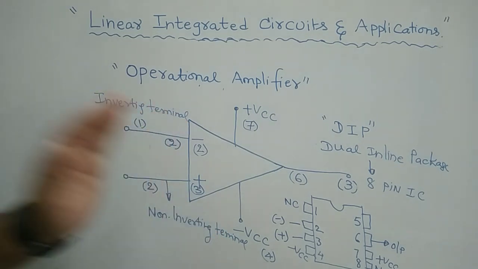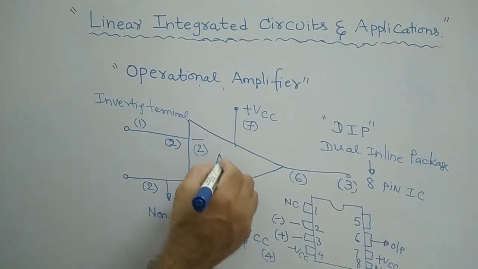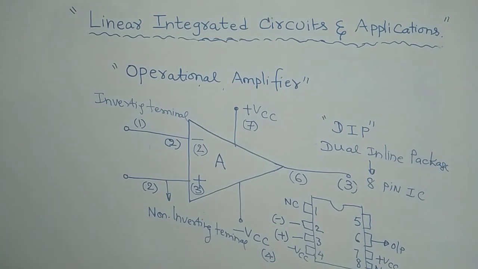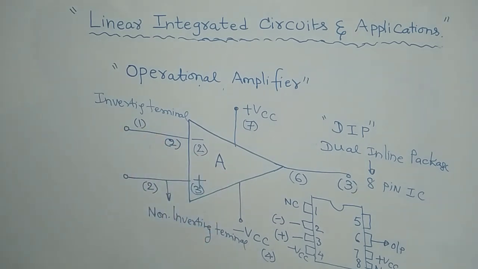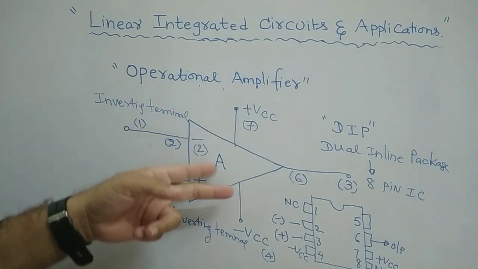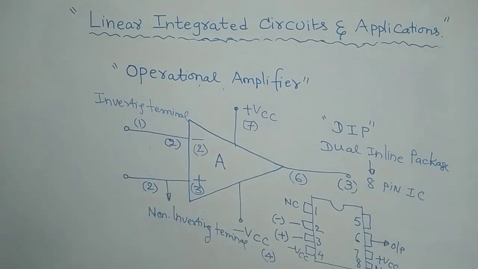Ideally speaking, because it has gain, it is called the open loop gain. A is called the open loop gain of an operational amplifier, and in general the open loop gain of an amplifier is very high, ideally infinite. Because of this high gain, this operational amplifier will not allow current to pass through.